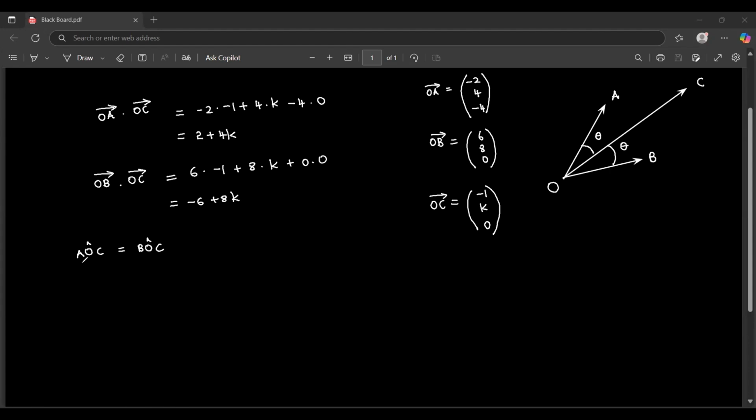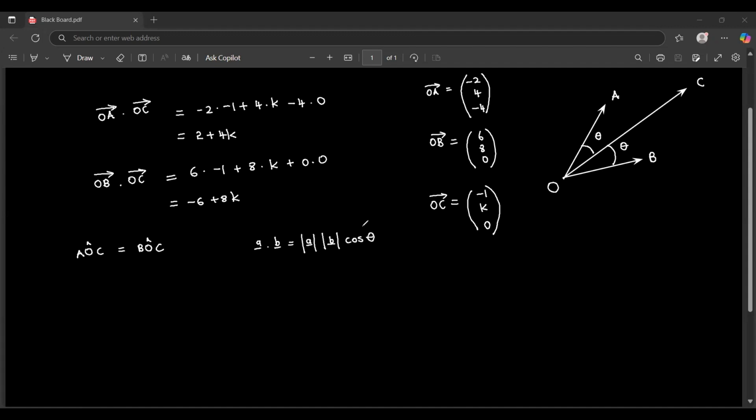Now, since AOC is equal to BOC, we can apply the other scalar product equation, which states that A dot B is equal to modulus of A into modulus of B cos theta.